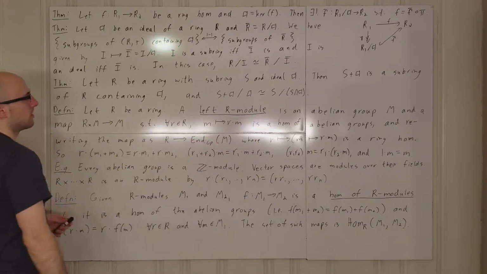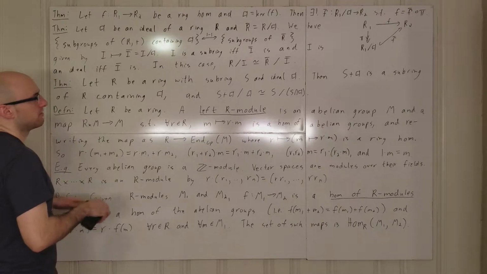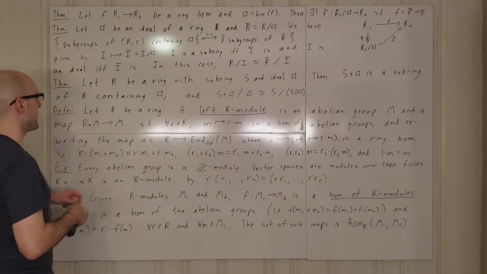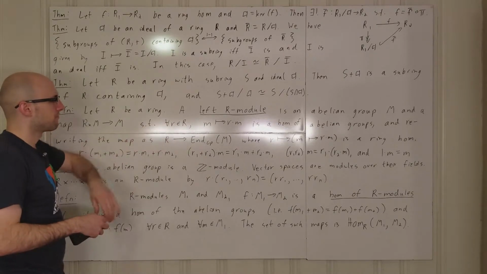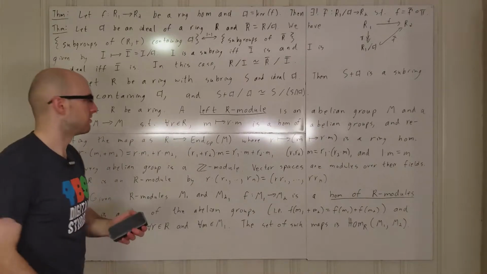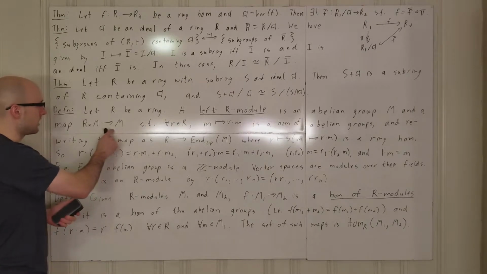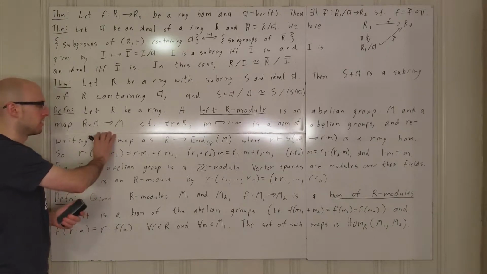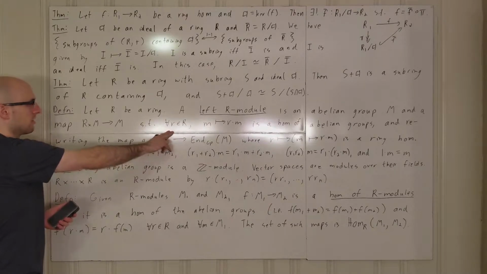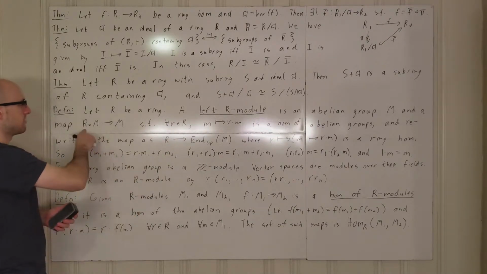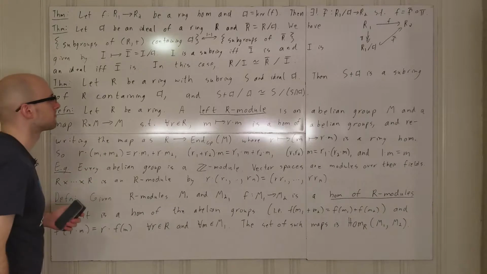So anyways, a left R module is an abelian group M and a map from R cross M to M, such that there's a couple things that go into it. We have a lot of structure on this map.